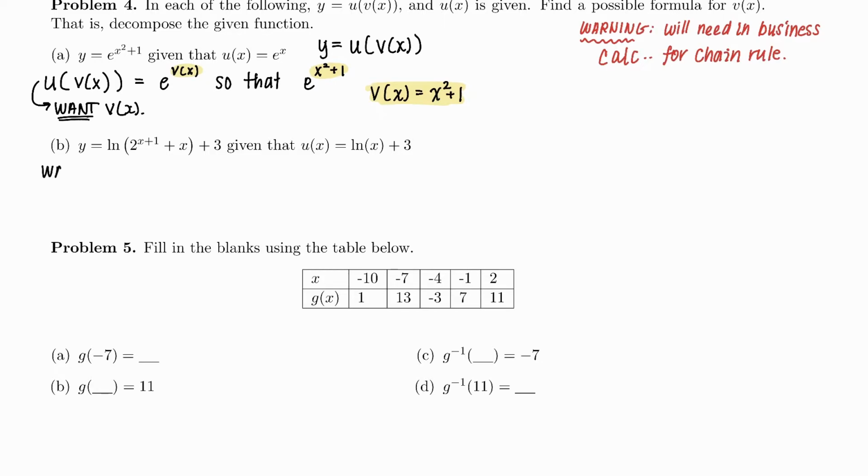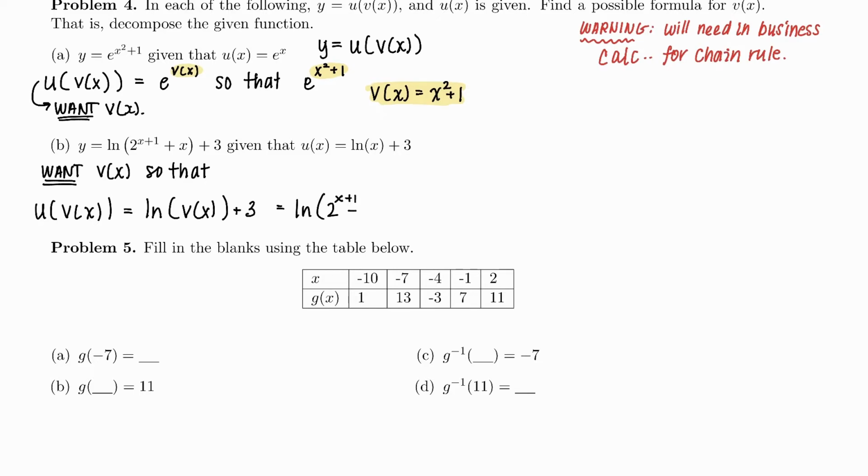So we want v of x so that u of v of x is the natural log of v of x plus 3, and that's going to be equal to y. So this is going to be equal to the natural log of 2 to the x plus 1 plus x plus 3.